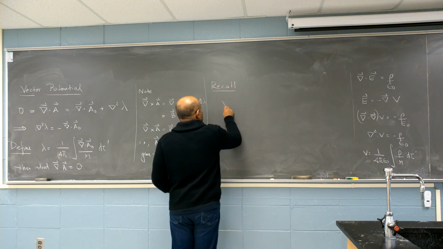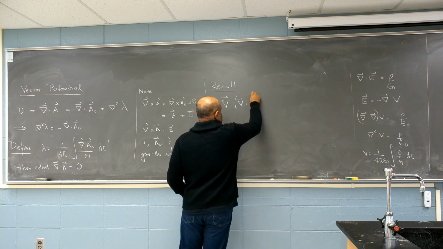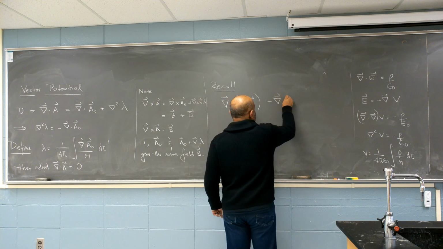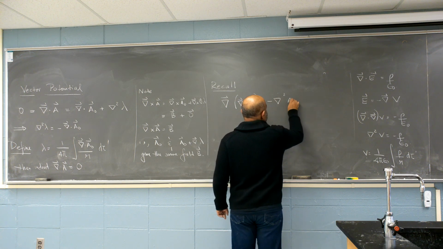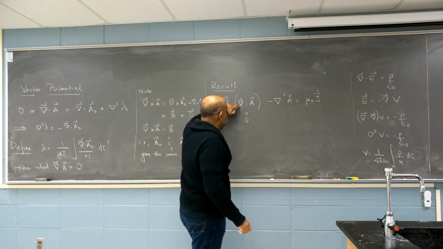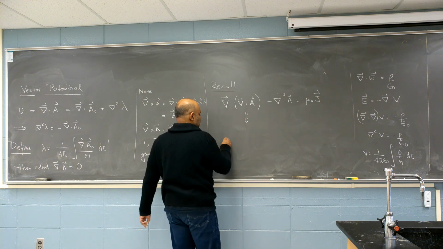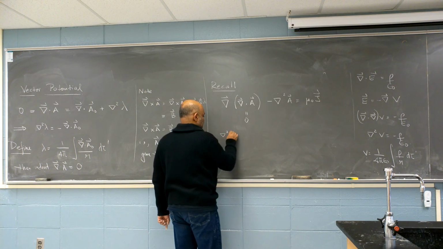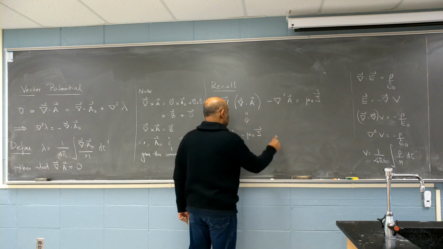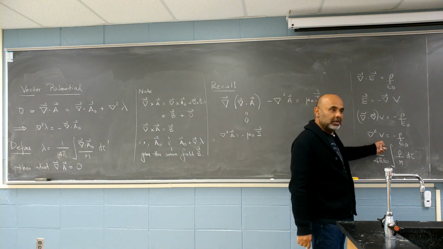It used to be the gradient of divergence of A, well, we now pick it to be 0, minus del squared A equals mu naught J. And because we picked this choice, we get, and then you say to yourself, aha, the universe is indeed defined by one equation.